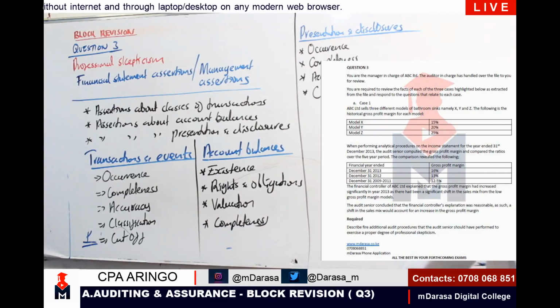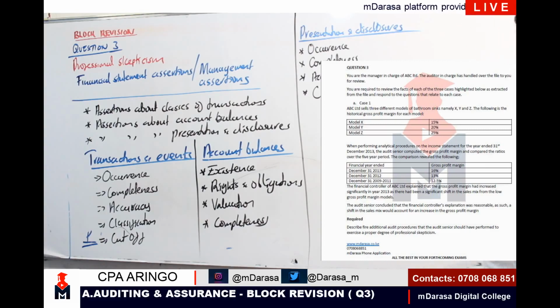For a sample of sales transactions recorded in the ledger, trace the sales invoice back to customers' orders and dispatch documentation. I must prove that whatever sales we had there that led us to increase our gross profit, they actually occurred. So therefore, I'm going to request what? We're going to request a sample of sales transactions. That is very key to consider.